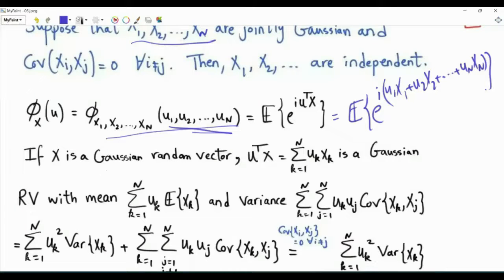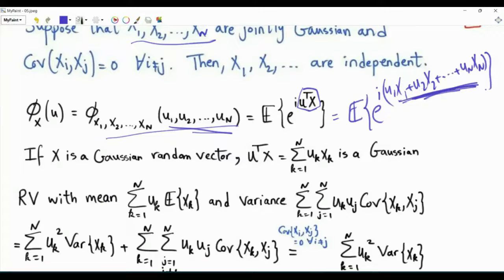And now if you look at this characteristic function, u transpose x is a linear combination, a weighted sum of the x's. And because the vector x is Gaussian, its components are jointly Gaussian, then this weighted sum here must be a Gaussian random variable.